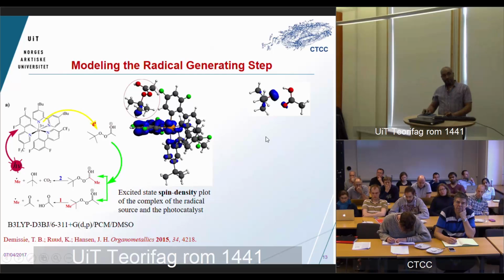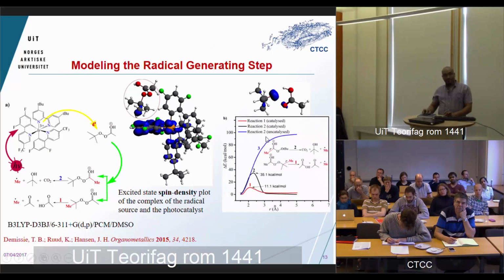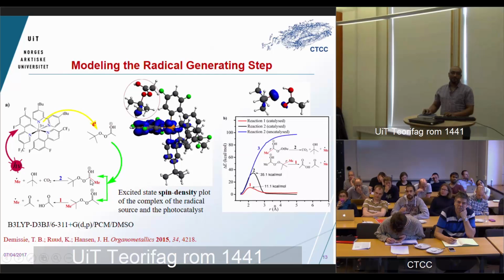And to study this, we calculated the potential energy surface for this kind of process. We have three cases. One is breaking the CC bond from this part, the second one is breaking the CC bond from this other part, and the other one is for option one, but without any catalyst.